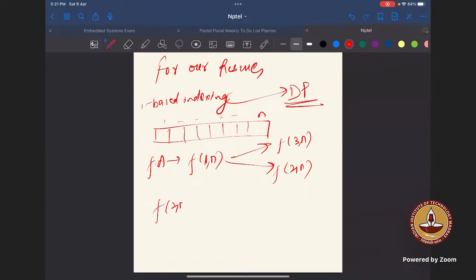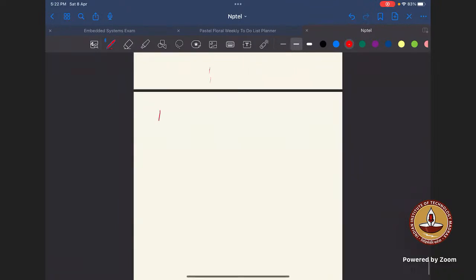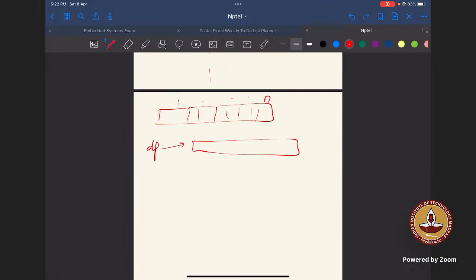F of 2 comma n was dependent on two factors, f of 3 comma n and f of 4 comma n, and so on, right? So let's think how we apply dp. For a dp we will make a dp array from 1 to n, again one based indexing.